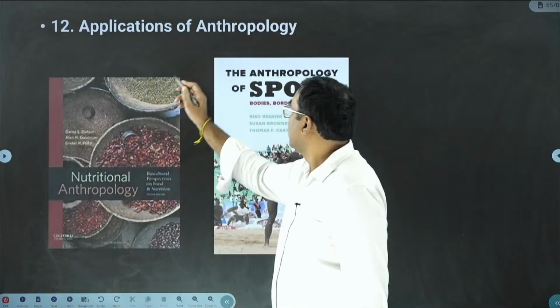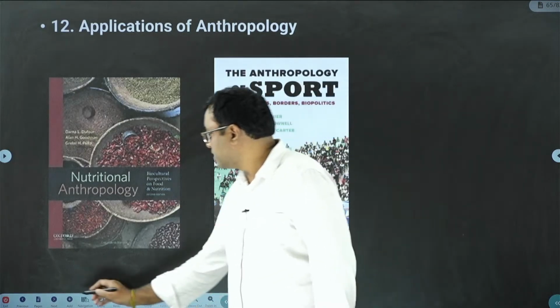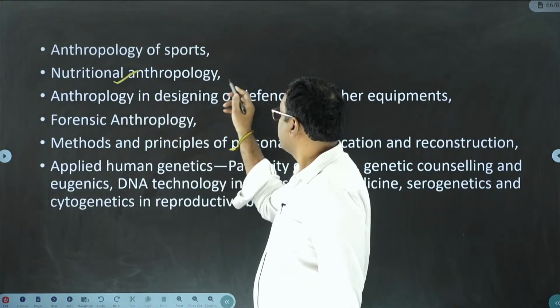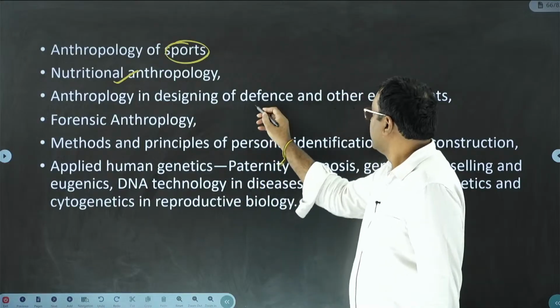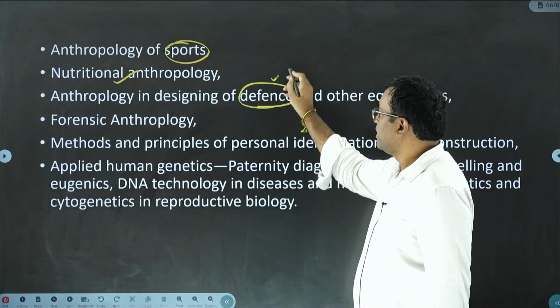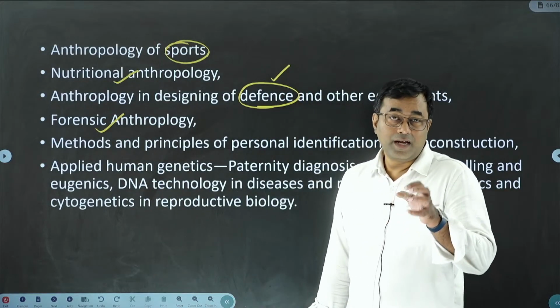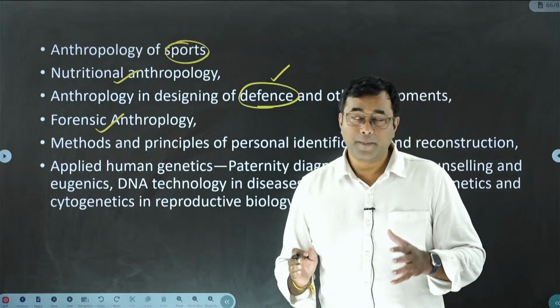Next one is applications of anthropology. There are many applications. Anthropology as a discipline can be applied in nutrition, in sports, and even in defense. Forensic anthropology decodes information at the time of a crime.